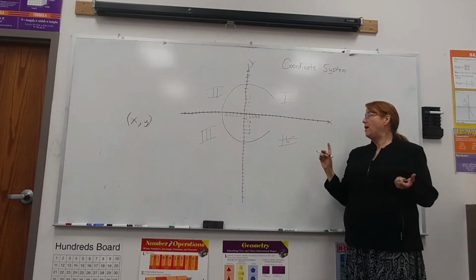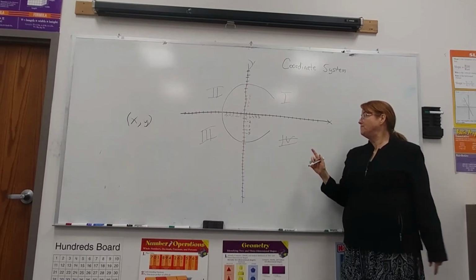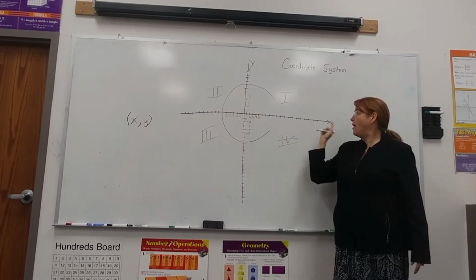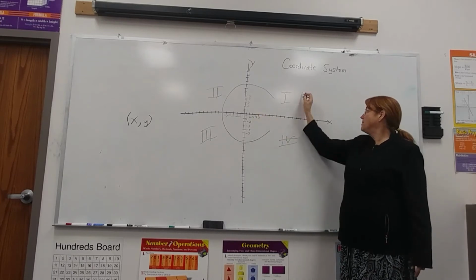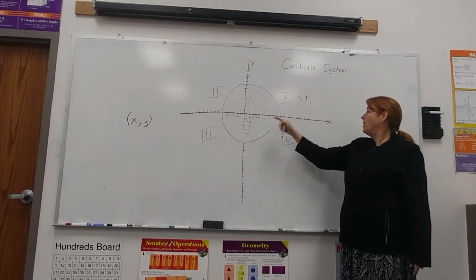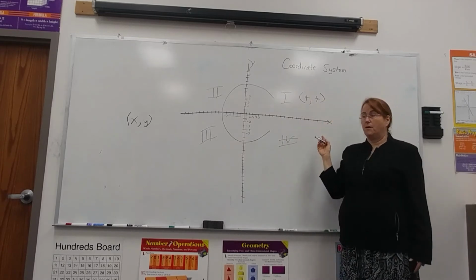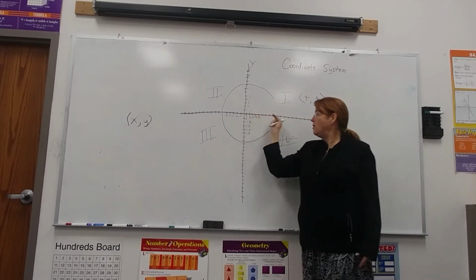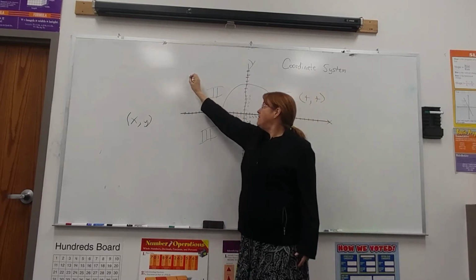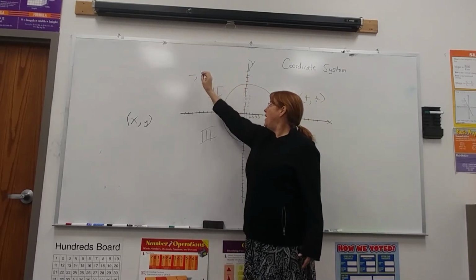So you need to think about what is in each quadrant. If you're in this quadrant, our x's are positive, and our y's are positive. So we have positive numbers. In quadrant 2, our x's are negative, but our y's are still positive.